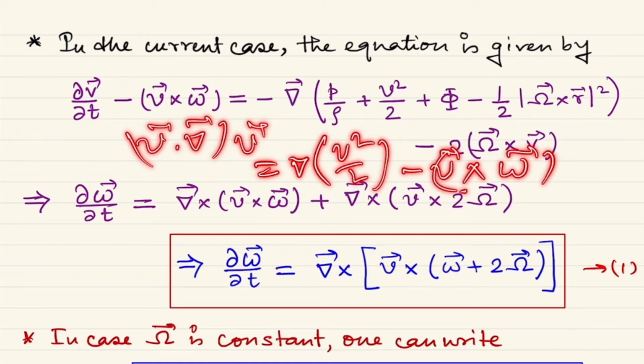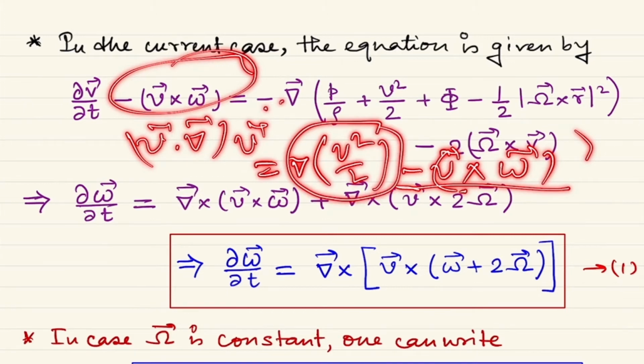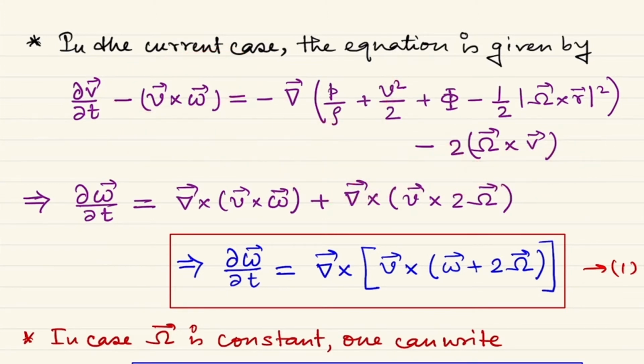Here you can see this minus V cross ω, and this term goes to the other side. So minus gradient of V²/2, and this is the pressure gradient term. Since we are taking an incompressible fluid, ρ comes inside the gradient operator, and this minus gradient of Φ is nothing but the potential due to the body force, which is conservative. For our case, it can be gravity, for example.